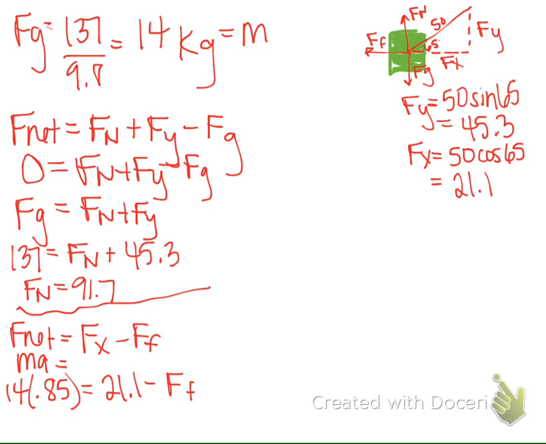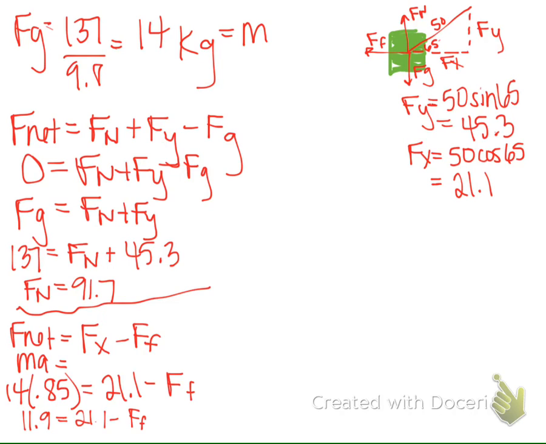Okay, so we take 14 times 0.85. Then how do we get 21.1 on the other side? Yeah, how do we get it to the other side? Subtract it. Okay, so 14 times 0.85 is what? 11.9 equals 21.1 minus force of friction.